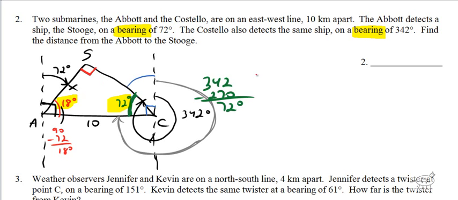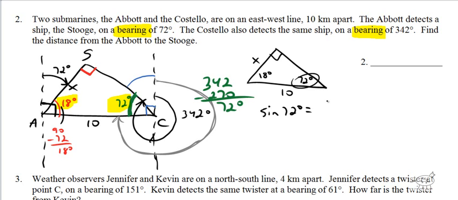So I'm just going to draw it separately now, so you can see, because we got a lot of stuff written down there. We have enough information now. We're good. So this is what's given now. This is a right triangle. This is 18 degrees. This is 72 degrees. Certainly not drawn to scale. And this is 10. And I'm asking you to find x. Okay, so, well, if I use 72 degrees, sine is opposite over hypotenuse, so I can say sine of 72 degrees is opposite over hypotenuse, which is 10.